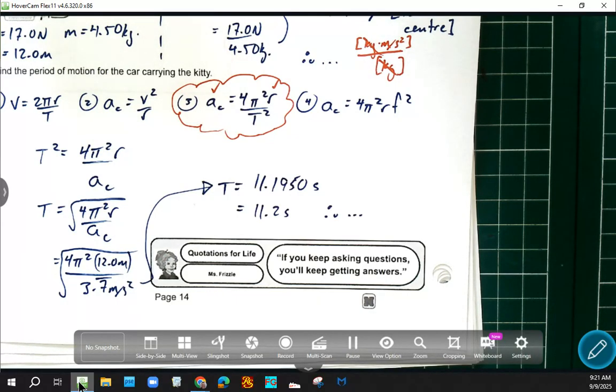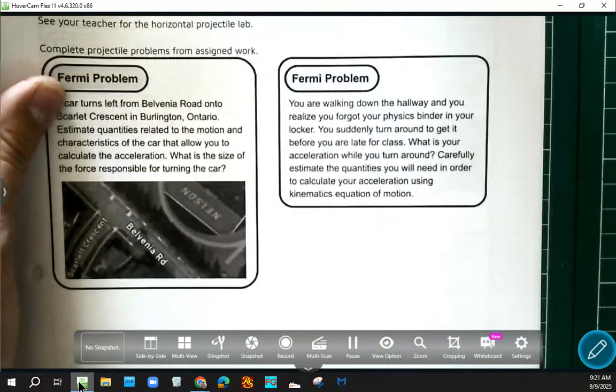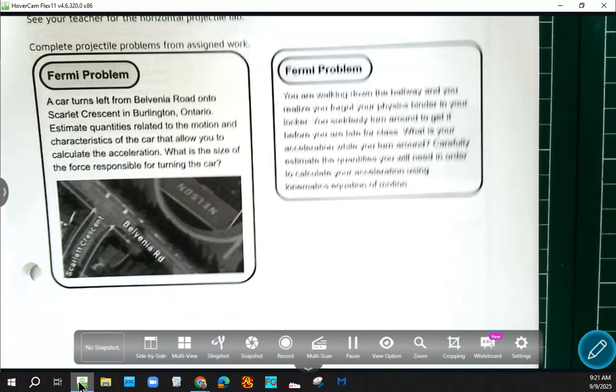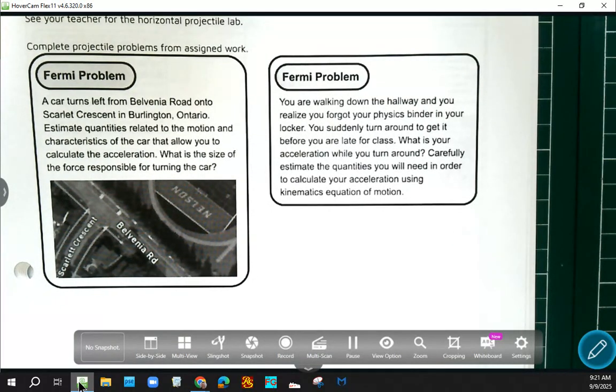I think that's that. Let's just double check. Oh yeah, there are a couple of Fermi questions. So here's what I'm going to suggest you do. Grab a partner, and between the two of you, choose one of these two questions and answer it to the best of your ability, okay?